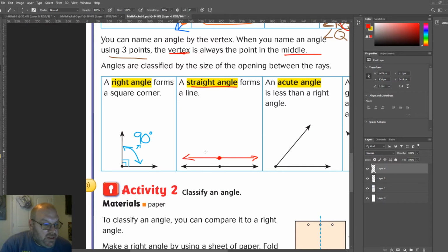Straight angle. It's a straight line. When we're talking about angles, it's a straight line. It is 180 degrees. When we start measuring angles, this is just kind of foreshadowing for the future. 180 degrees is a straight angle. That goes from here to here, is 180 degrees.